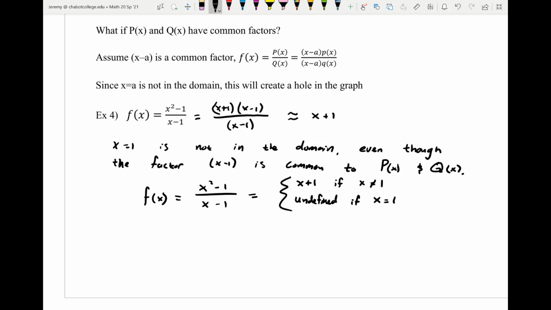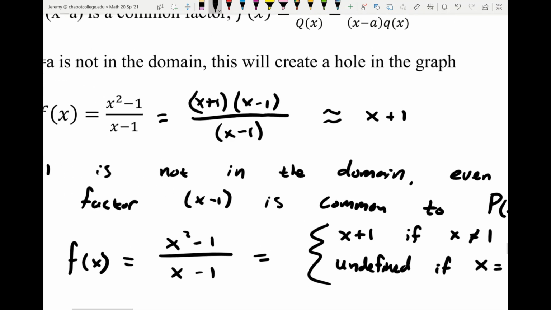So we can cancel out that common factor, but we're not allowed to forget that x equals 1 is not in the domain of the function.